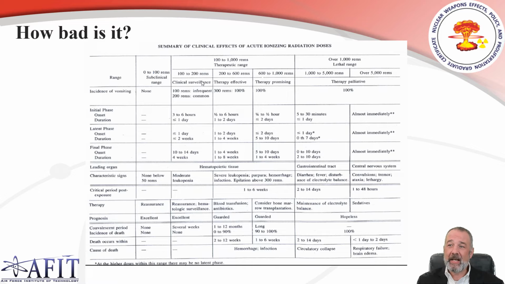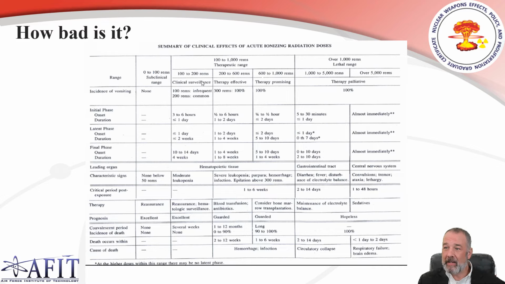And then we have the final phase, which is much further in time down the road, measured in weeks and possibly months. So, hemopoietic tissue, you don't see any signs of anything occurring.